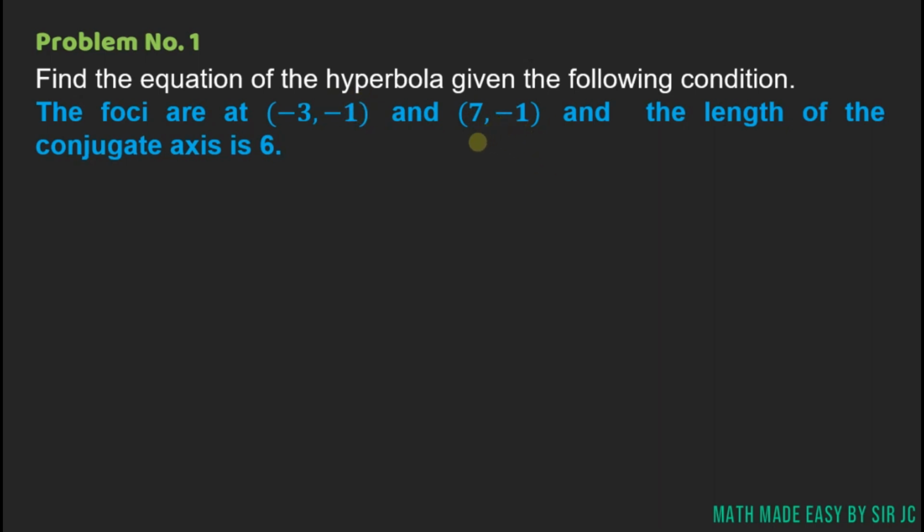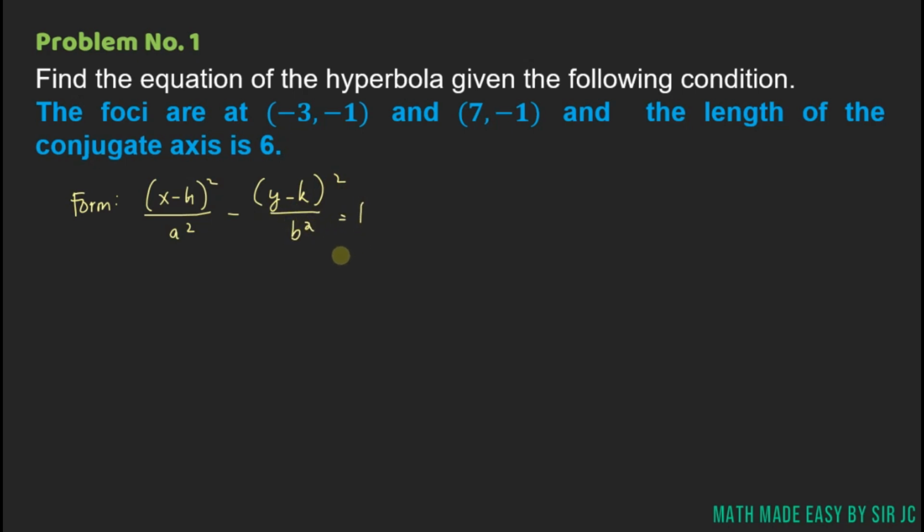This means that the transverse axis of the given hyperbola is horizontal. So, the form of this hyperbola is (x - h)² over a² minus (y - k)² over b² equals 1.